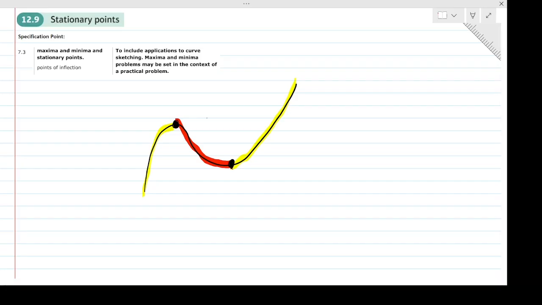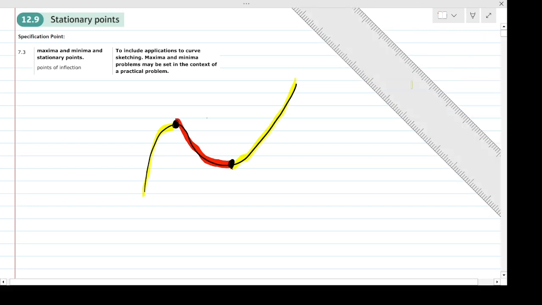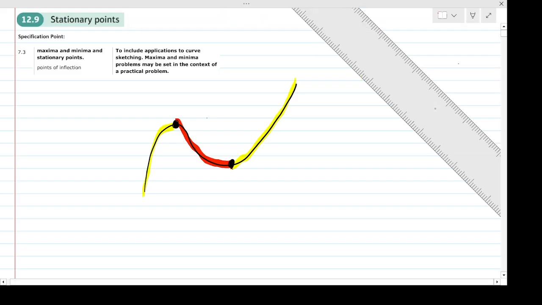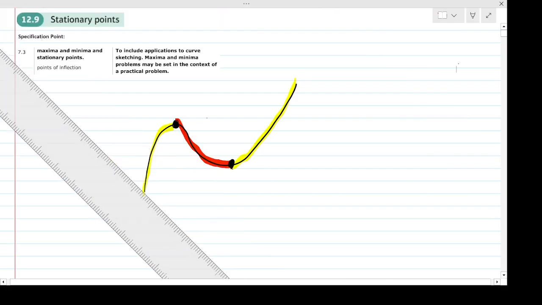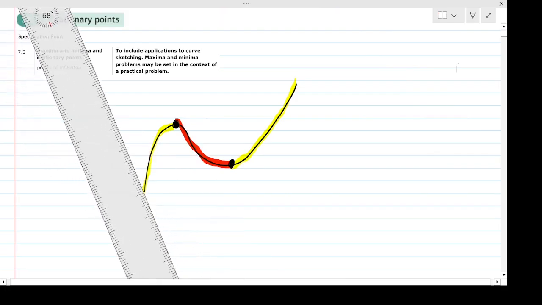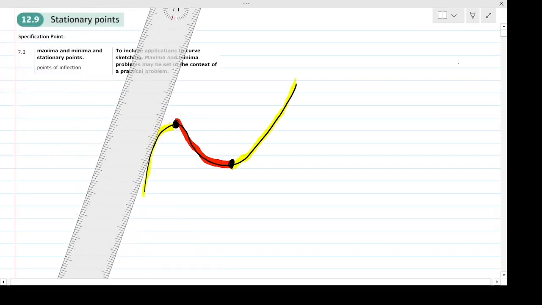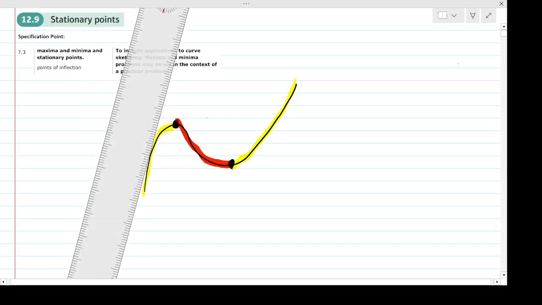We also saw that we can consider the gradient or the tangent to find where it's increasing or decreasing. It's increasing where the gradient of the curve is positive. For example, in the yellow parts, if we draw a tangent to the curve at the yellow points, we can see it's a positive gradient; the tangent is going up.